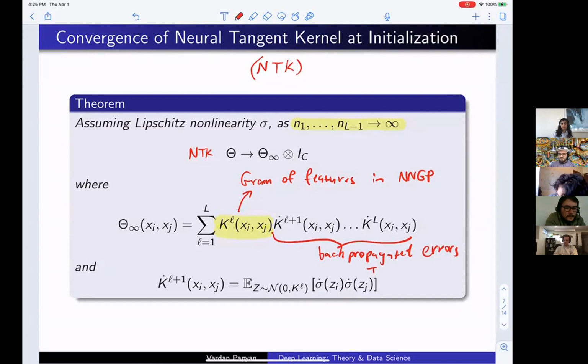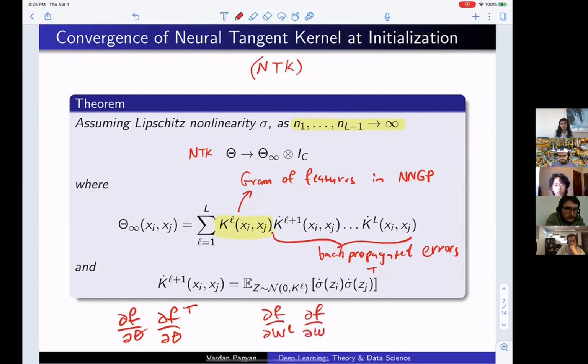Because essentially, you can show that if you look at the neural tangent kernel, it's something like the derivative of f with respect to theta times the derivative of f with respect to theta, and there is a transpose somewhere, which is here. Now, if you look at a single layer, let's say you pick layer WL, and you look at df over dWL, it's a derivative with respect to a weight.